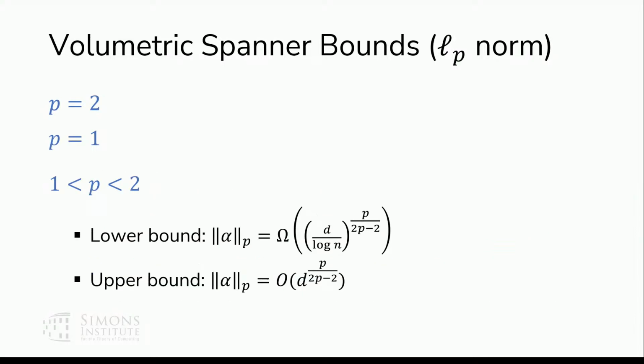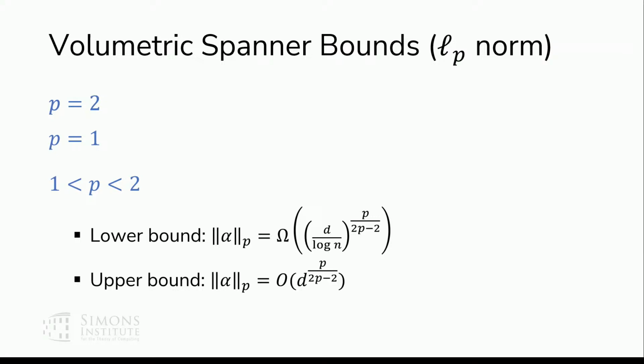And again, using the Holder inequality, the lower bound that we have for p equal to 1, and the bound that we have for p equal to 2, we can also get bounds for any p between 1 and 2. So we cannot hope to get the norm better than d over log n to this power, and we have the upper bound that gets d to the p over 2p minus 2. And it's about the norm.